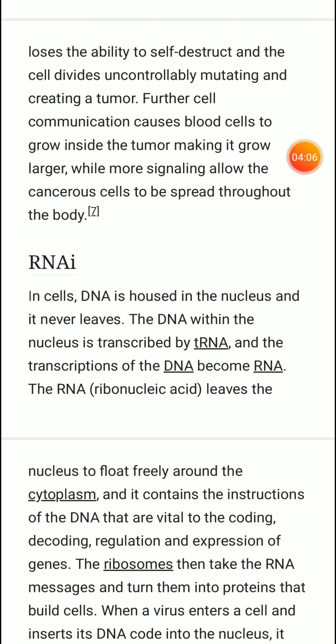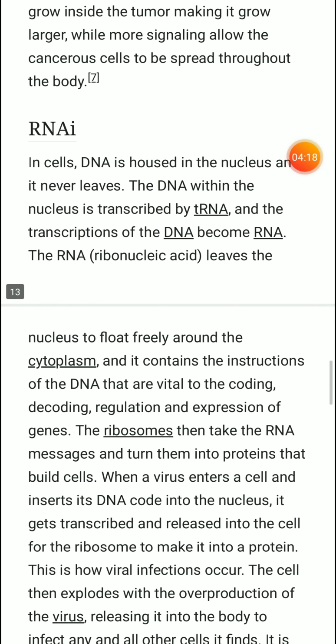The ribonucleic acid leaves the nucleus to float freely around the cytoplasm, and it contains the instructions of the DNA that are vital to the decoding, regulation and expression of genes. The ribosomes then take the RNA messages and turn them into proteins that build cells.